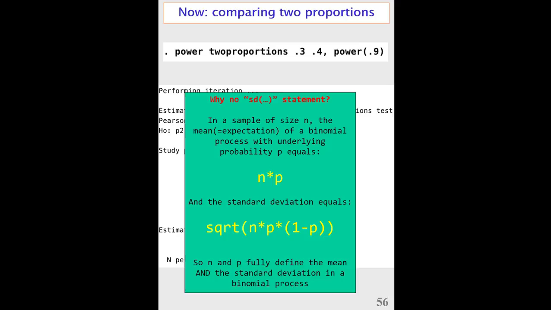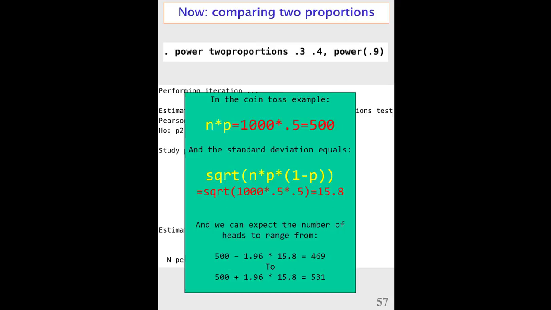I need nothing else. So for binomial stuff, flipping a coin and so on, the standard deviation is defined in terms of that p and that n itself. I need no other number. So if you assume 0.3 for p, then I know what the standard deviation is going to be, even without you telling me anything.